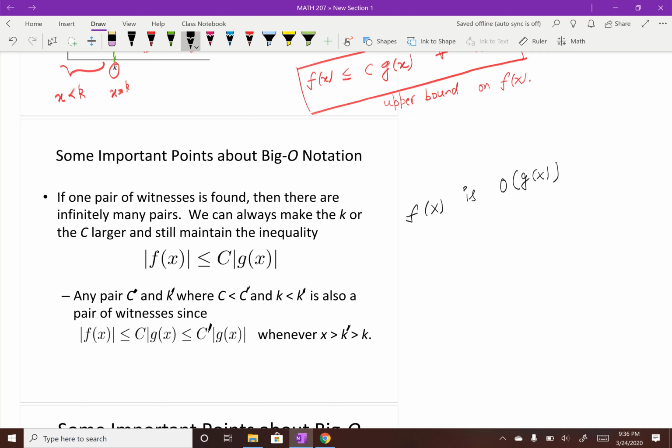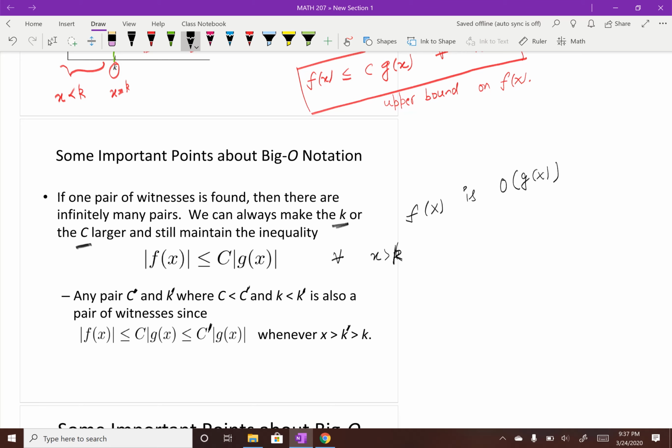That means I can find those witnesses k and c such that they're going to give me this inequality, that the absolute value of f of x is less than or equal to c times the absolute value of g of x for every x greater than k.